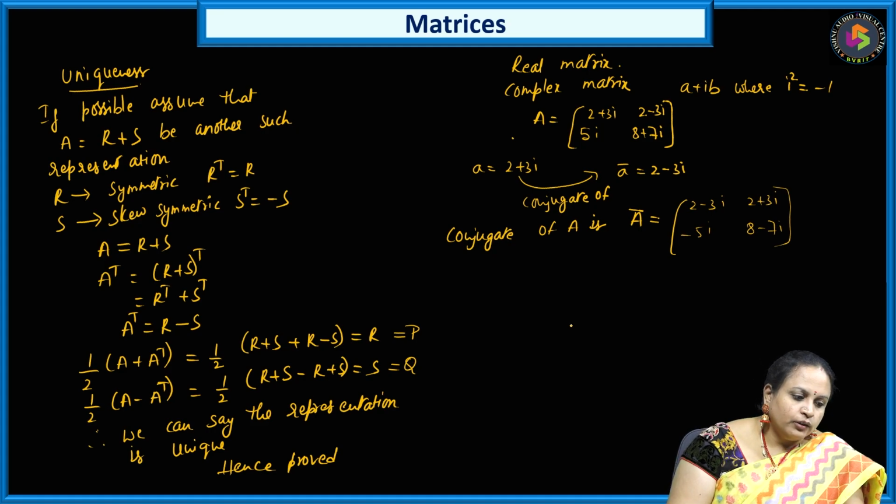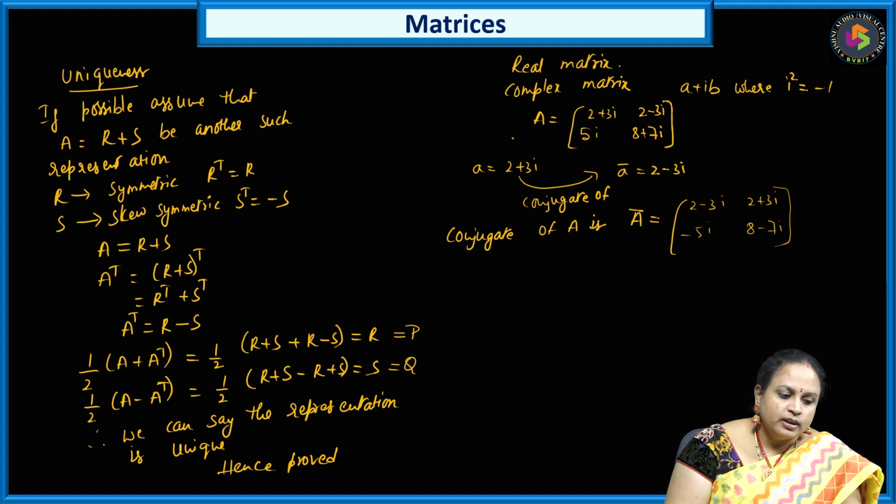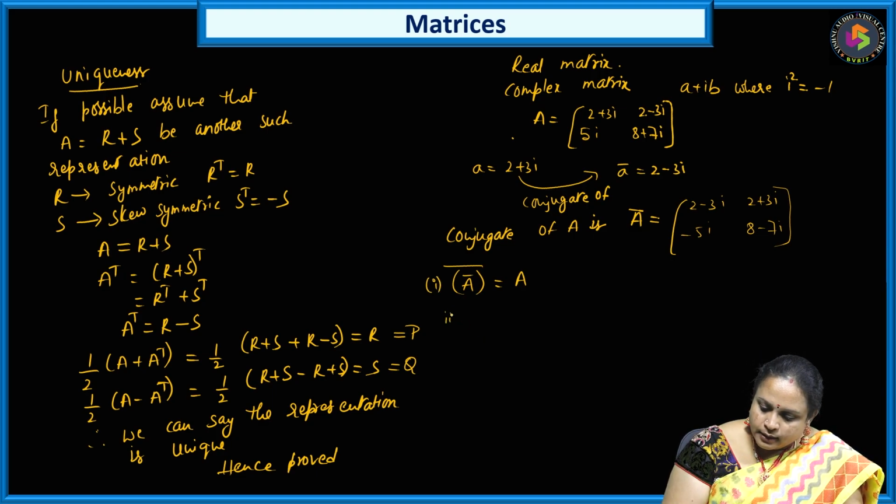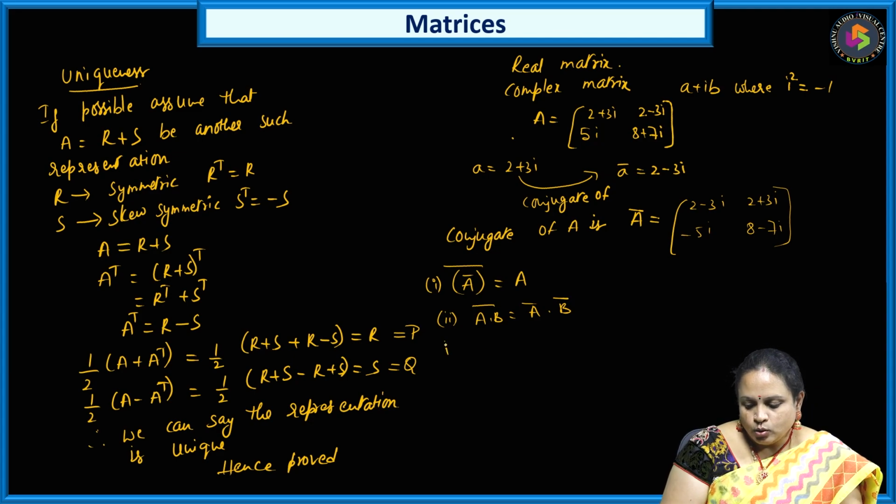And for the conjugate of a matrix, we have a few properties. The first property: A bar whole bar equals A. The second property: A into B whole bar equals A bar dot B bar.